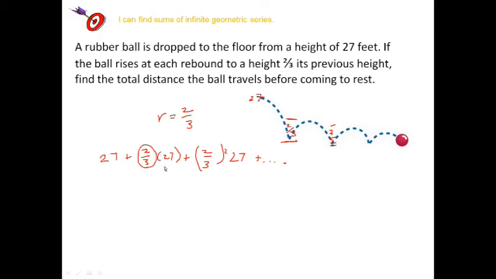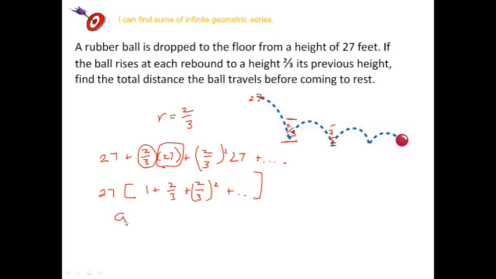We're going to treat this as my first term instead of doing an n minus 1, which you could do. So I'm just going to be adding 27 to my series. What I could do really is just pull out that 27, and I'm going to get 1 plus 2/3 plus 2/3 squared, and so on.